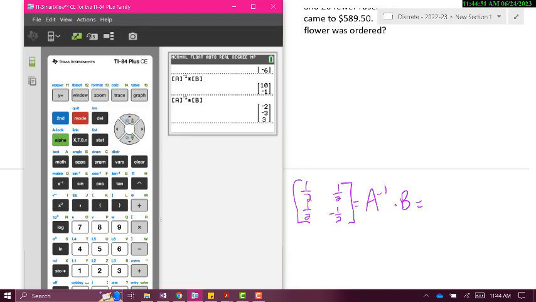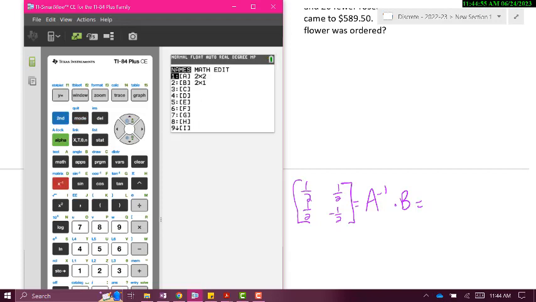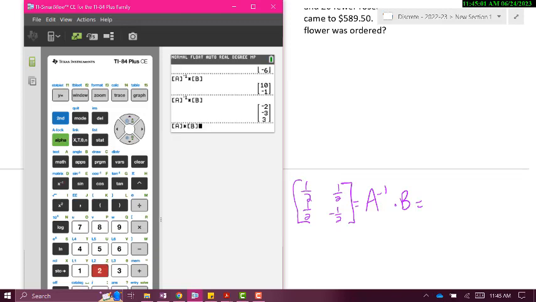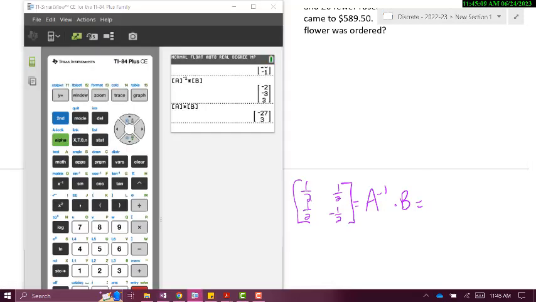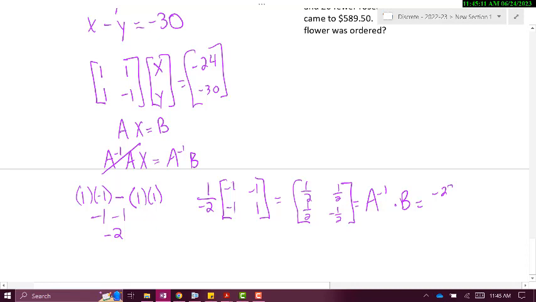So instead of doing the inverse, we already found the inverse. So we'll just do A times B. So again, negative 27 and 3.